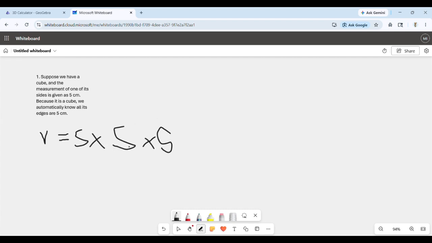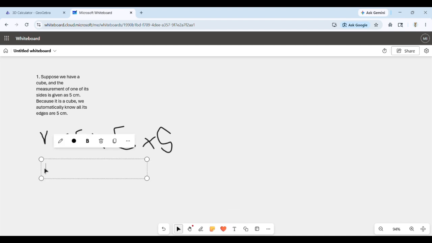So I hope you can understand now. So the next step is to substitute the known values. So our known value here is 5 centimeters. Since it is hard to write, I just type the step 2. So V equals 5 centimeters times 5 centimeters times 5 centimeters.